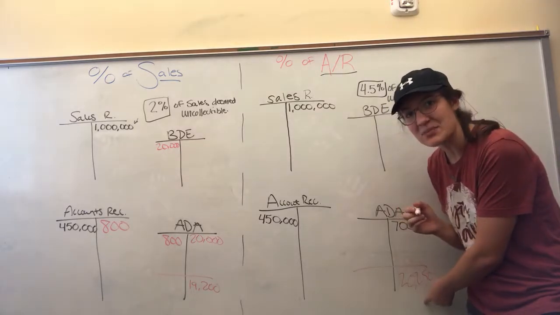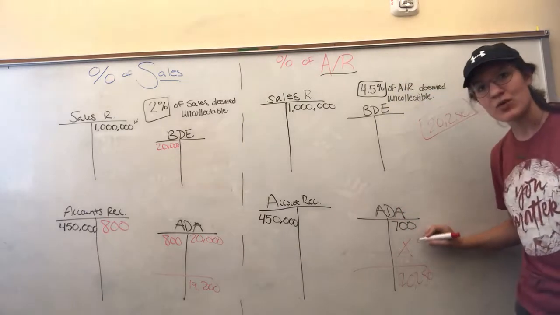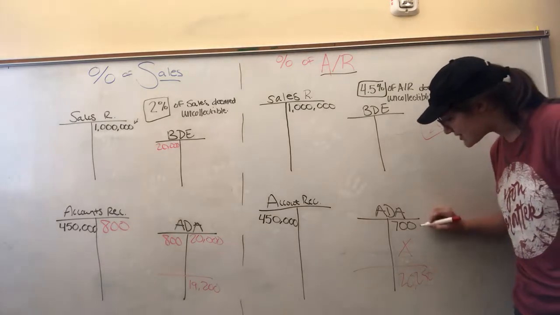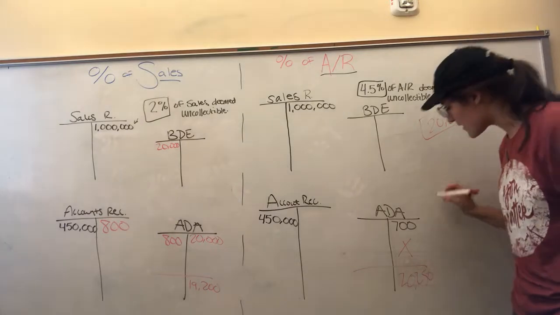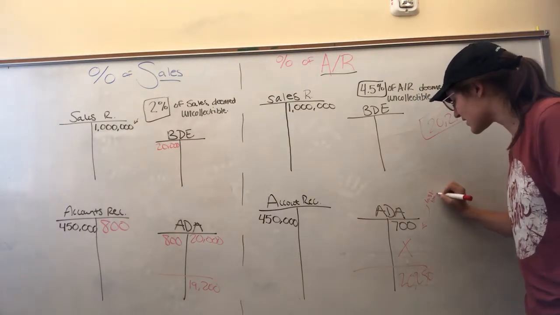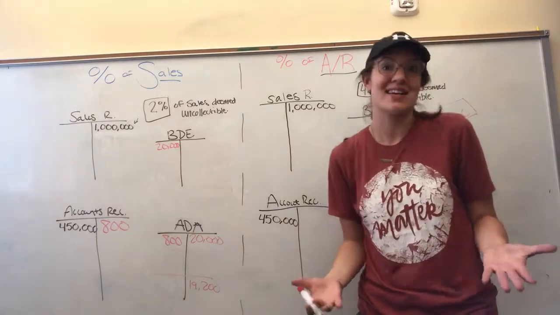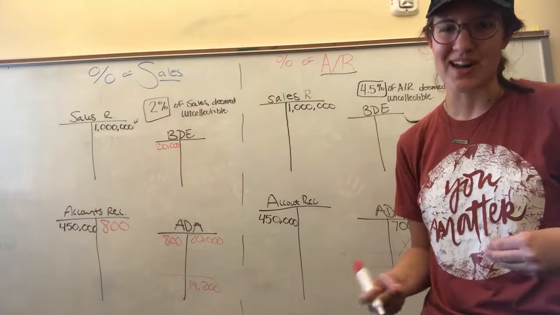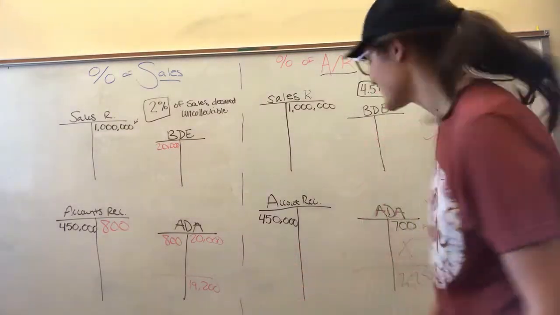Specifically, it is the ending balance because this X right here would be bad debt expense. If you can see, our ADA account already has $700 in its balance from last period. That just means that our estimate was a little too high and we didn't use it all up, which is great. It's actually fantastic. We collected more than we expected to collect, which is perfect, beautiful.